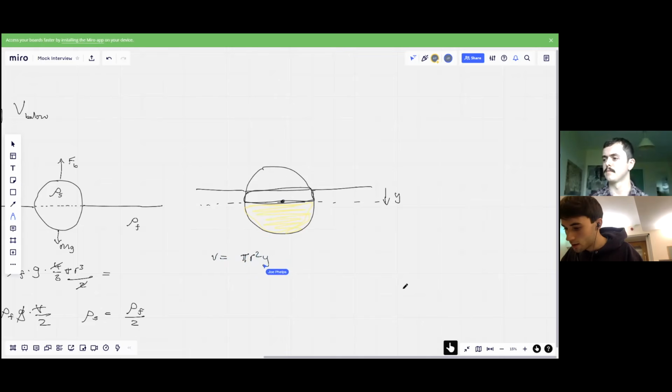And then the buoyancy force is therefore equal to, well, if the buoyancy force acts upwards and we've moved it downwards with respect to the direction of the force, then I need a minus sign there.